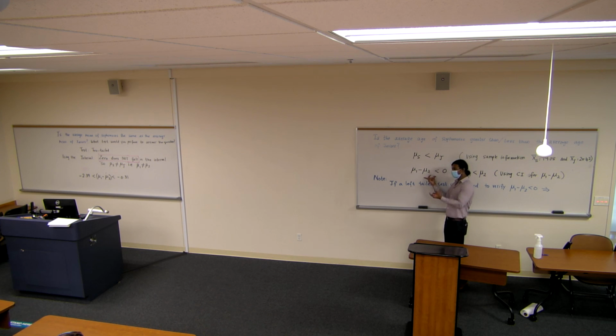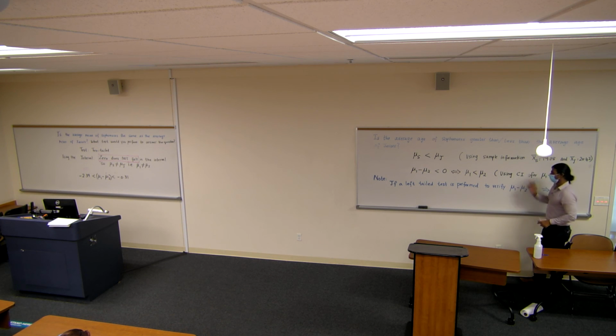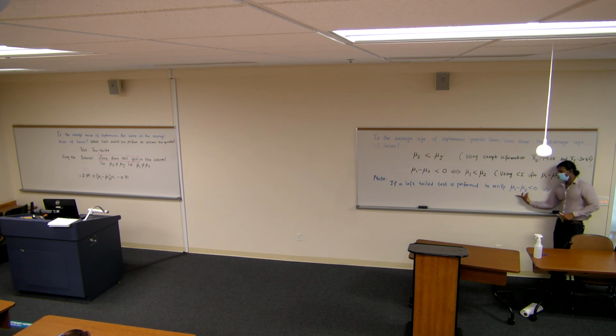In our usual definition, is mu1 minus mu2 less than 0 the null or the alternative? The alternative, right? No equal sign. So if I perform a left tail test to verify this claim, would I reject the null or not reject the null? We will reject the null.